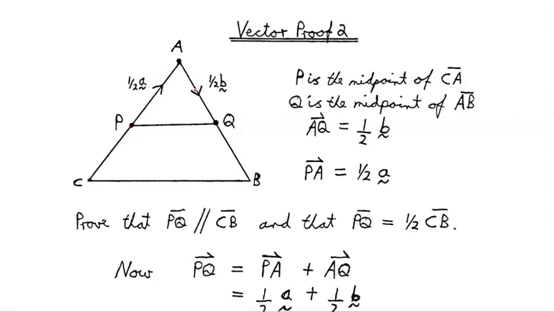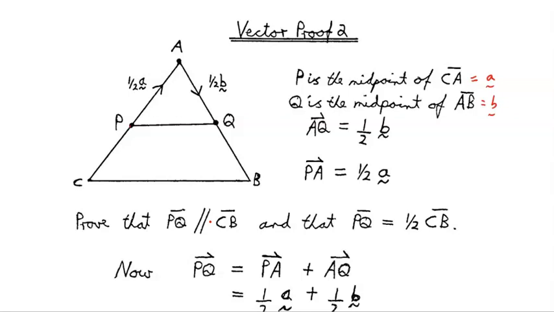Now we're setting AQ. What we're saying is that C to A is the vector A, and AB is the vector B. Then AQ will be half of B, since Q is the midpoint of AB and P is the midpoint of CA, so we're taking P to A as half A, and A to Q is a half B. And we want to prove that PQ is parallel to CB.